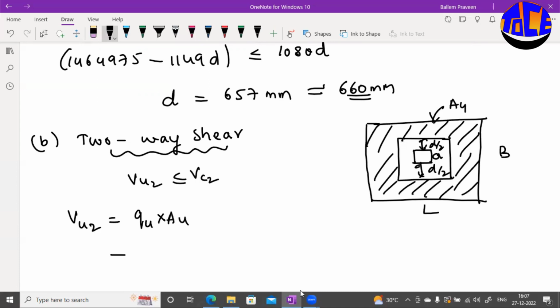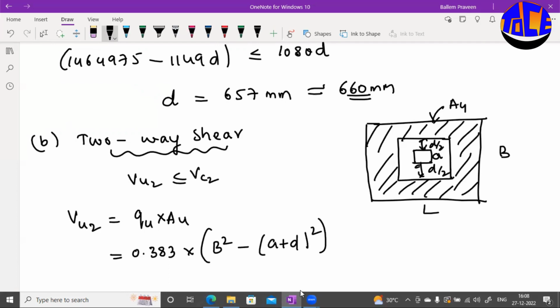Okay, so what is the stress? It is 0.383, right? So into A4. Let us take the bigger area and subtract the small area, and we'll get the shaded area. So that is B square minus A plus D, since D by 2 on each side becomes D, so A plus D whole square.